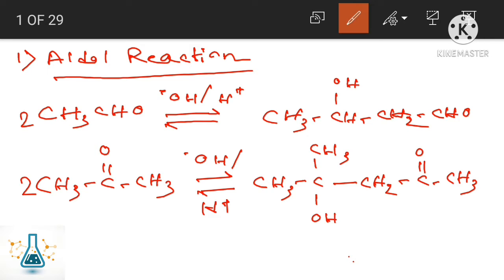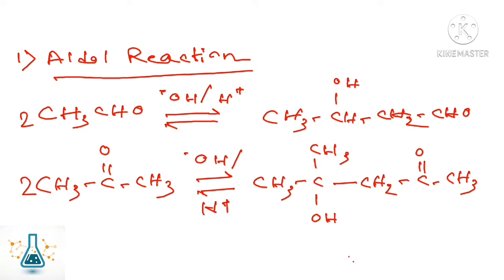Now if an aldehyde or ketone does not contain an alpha hydrogen, then the self condensation reaction does not occur. So which type of molecule will not show the aldol reaction?